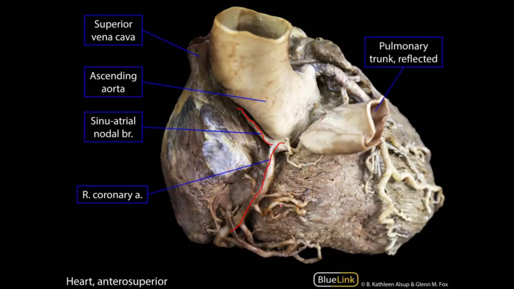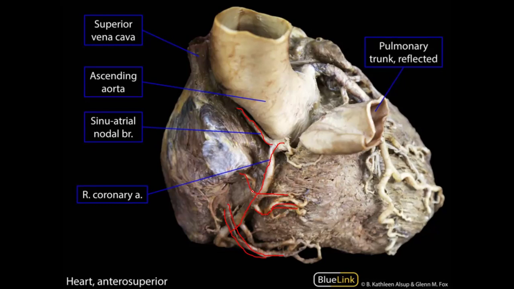Okay, and then you can see some vessels crossing this right anterior part of the coronary sulcus. Those are the anterior cardiac veins which drain into the right atrium proper. Then here you can see the ventricular branch of the right coronary artery.